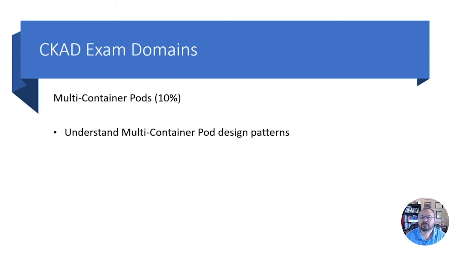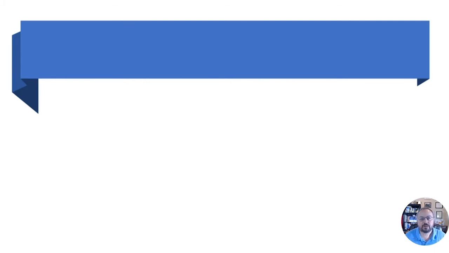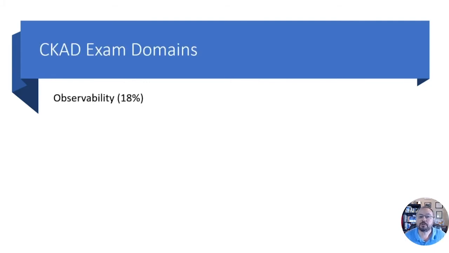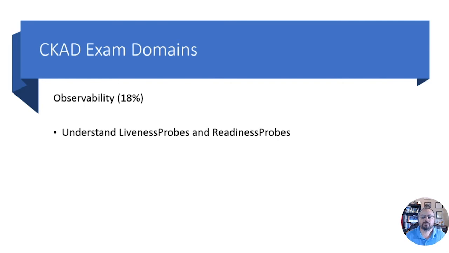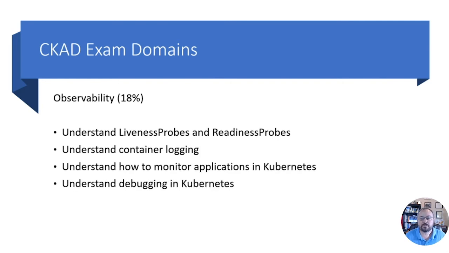Now the next domain is multi-container pods. That's 10%, and there's really only one line item for this domain. So we'll need to understand the design patterns, for example, with different types of multi-container pods. The next domain is going to be observability. So we want to be able to understand these 4 areas.